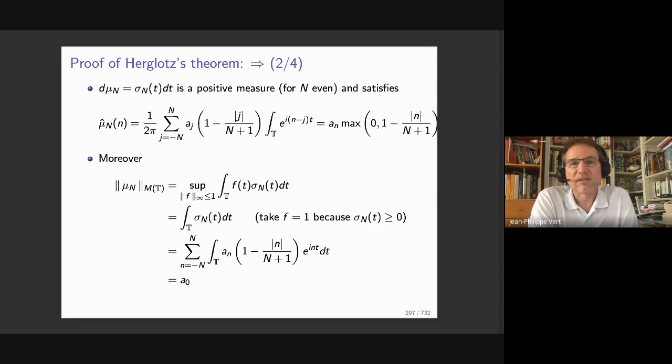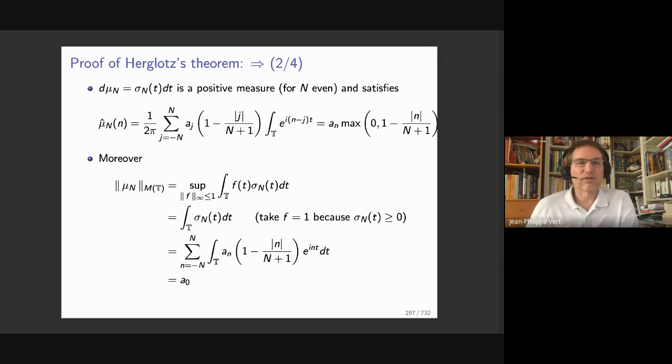And something that we will use later is that remember that as a Borel measure, mu n defines a linear functional over the space C of continuous functions over 0 to pi endowed with the supremum norm.